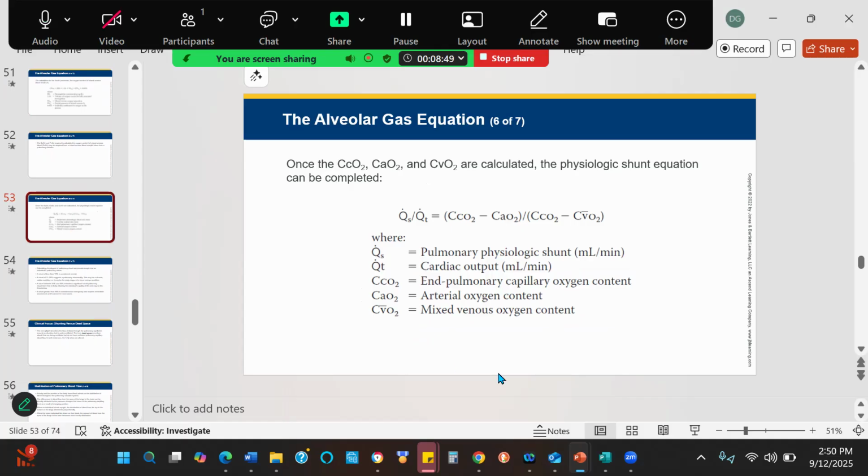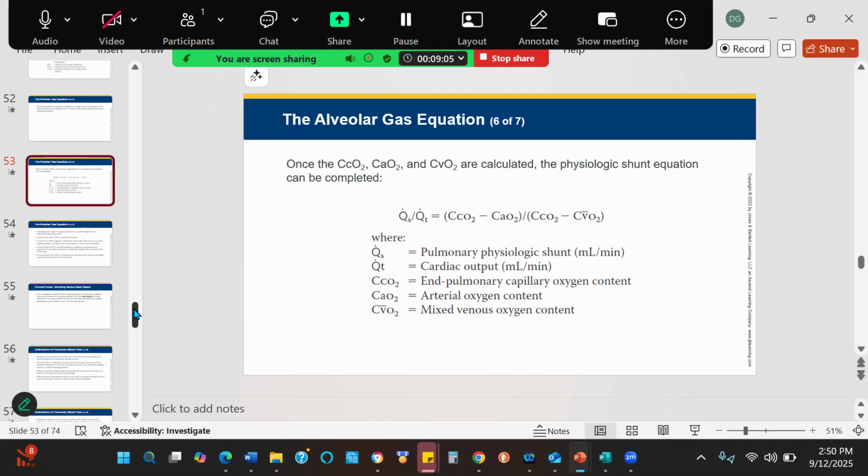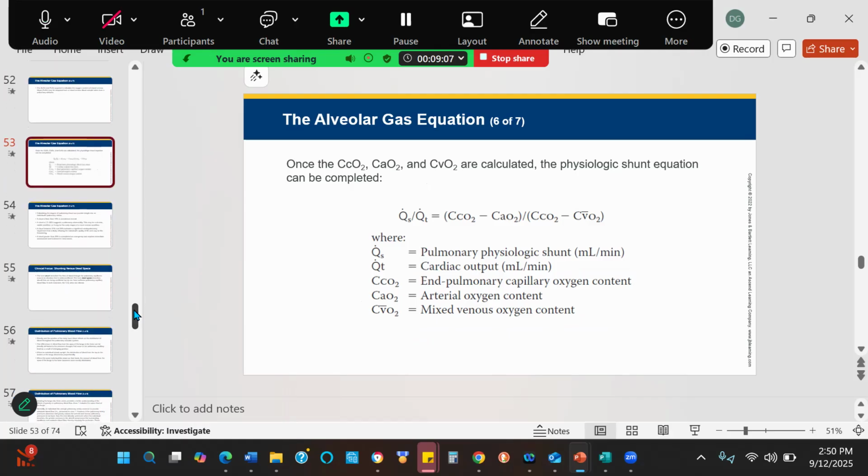That's the shunt. Shunt is CCO2 minus CaO2 and CCO2 minus CVO2. You divide the two. QSQT is maybe a weird way to express it, but that is how we abbreviate shunt. It means what percentage of total blood flow is shunted.